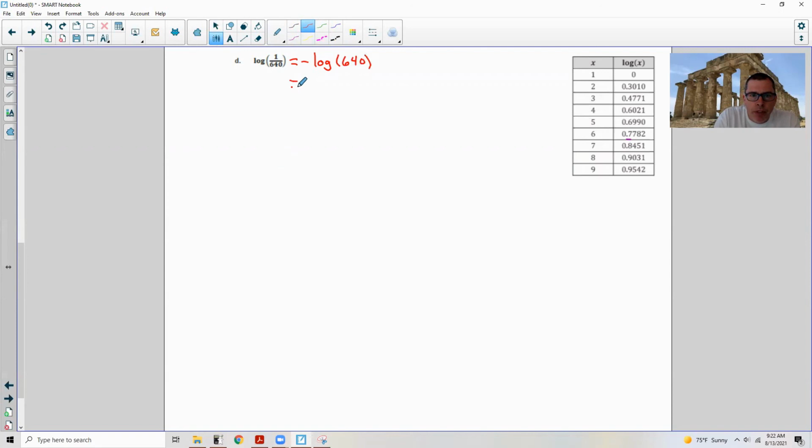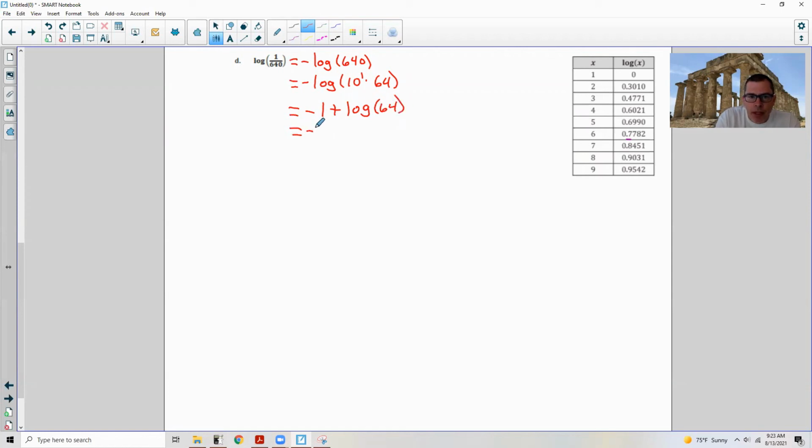Okay, which is going to equal the negative log of 10 times 64. Okay, so the 10 is 10 to the 1. That is going to equal negative 1 plus, okay, the negative power, and then log of 64, which I'll just write for this time, 64.